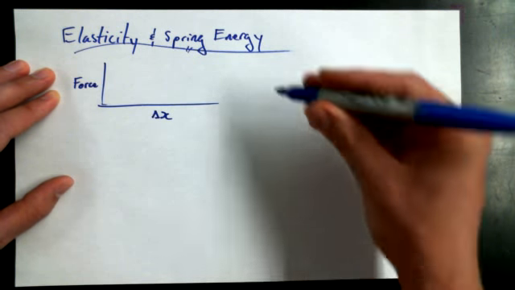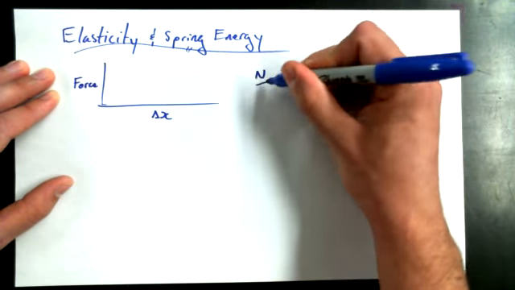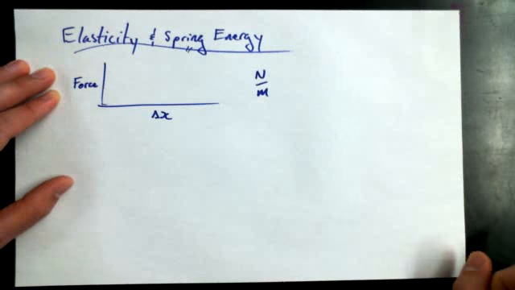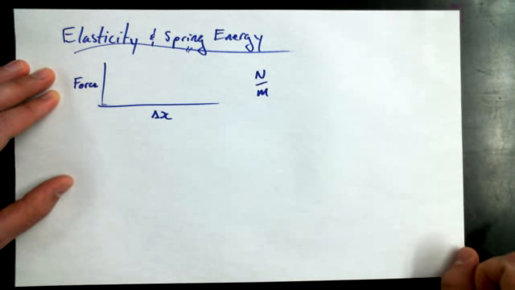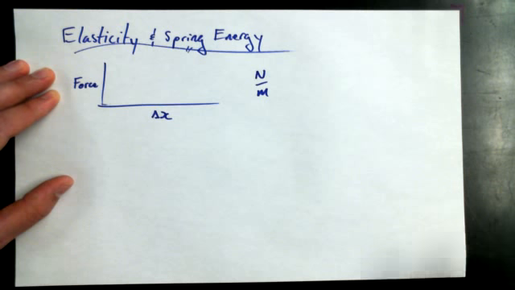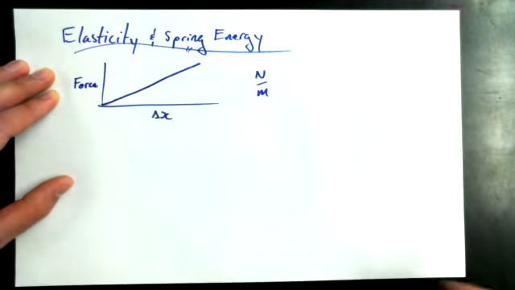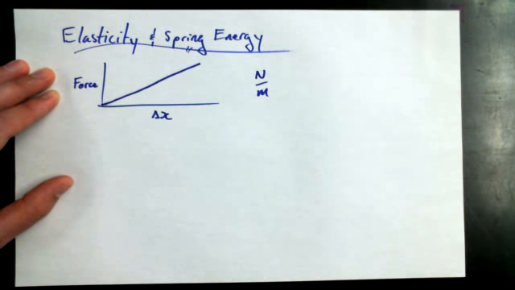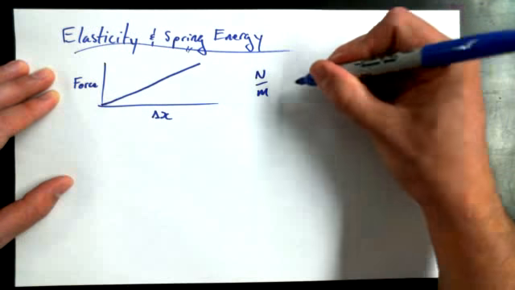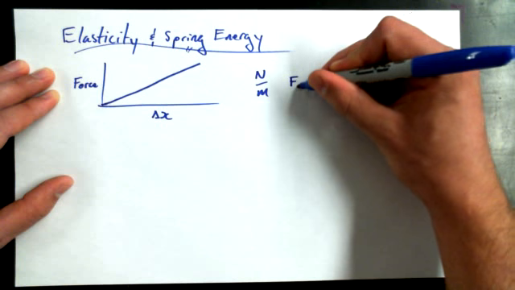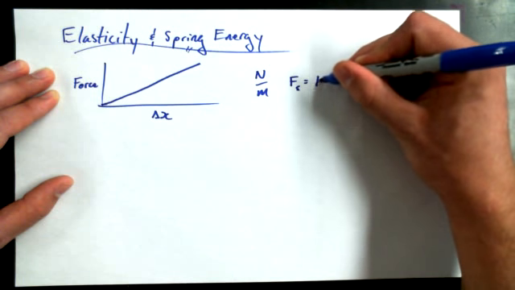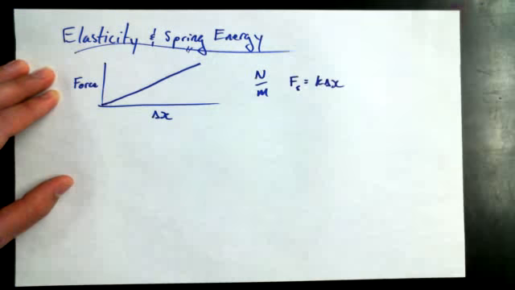We talked on the blackboard about the units being newtons per meter for a k constant. It increases linearly because of the equation we came up with before, Fs equals k delta x. It increases in magnitude linearly.